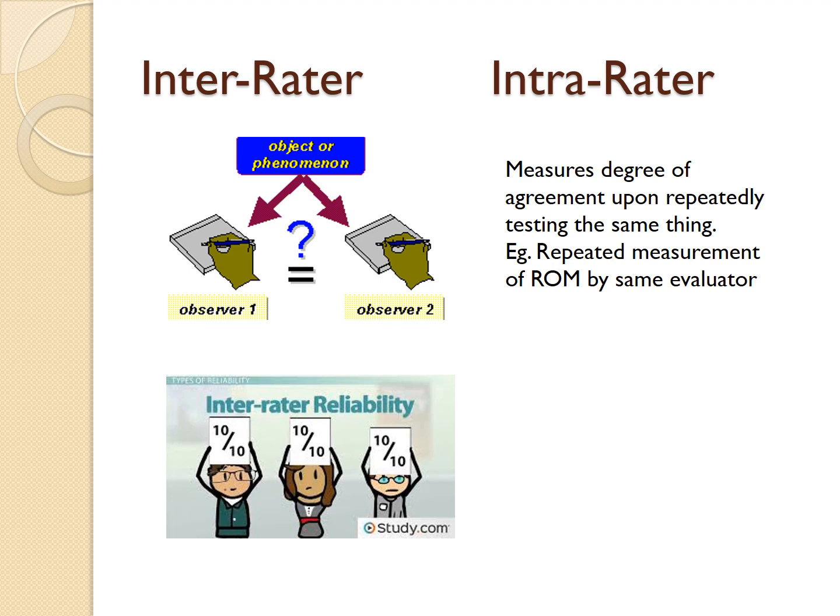Every time I do that, within, let's say, 5 minutes or 2 minutes, when I'm rechecking the shoulder flexion, it should consistently say the same degrees that I found the first time. It should not vary too much. If it says 130 once and 140 another time, there's quite a bit of difference, and that can lead to poor intra-rater reliability.